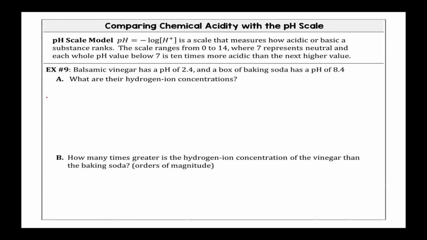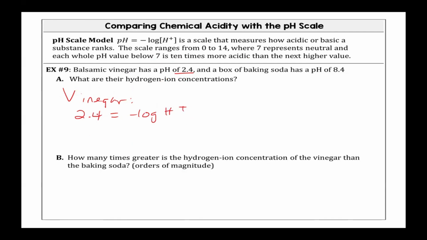So to start off, we're going to look at vinegar, and the vinegar's pH is 2.4.